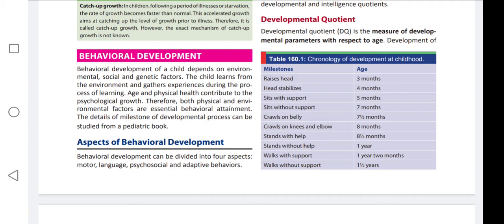Behavioral development can be divided into how many aspects, and what are they? There are 4 aspects: motor, language, psychosocial, and adaptive.